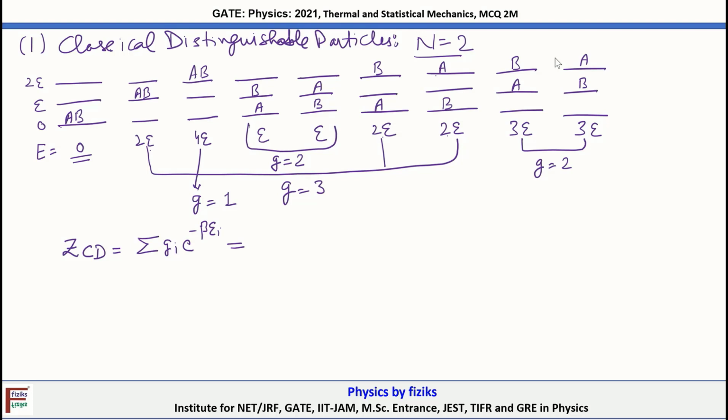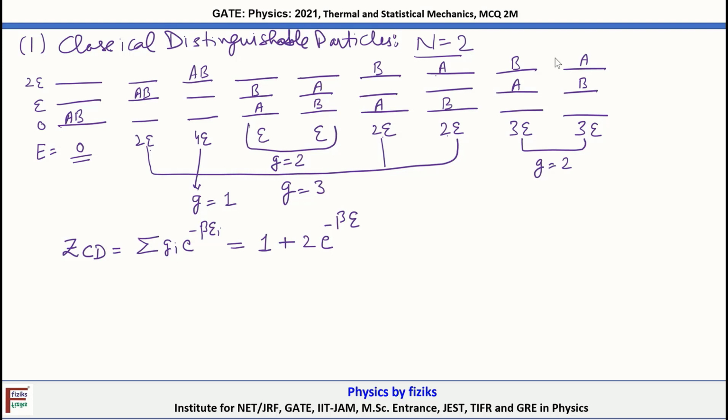Gi is 1 here, it's non-degenerate. So 1 multiplied by exponential minus beta times 0, which gives simply 1. Now let's see how many microstates with energy E. We have 2 microstates, so the degeneracy factor is 2, and then exponential minus beta E.